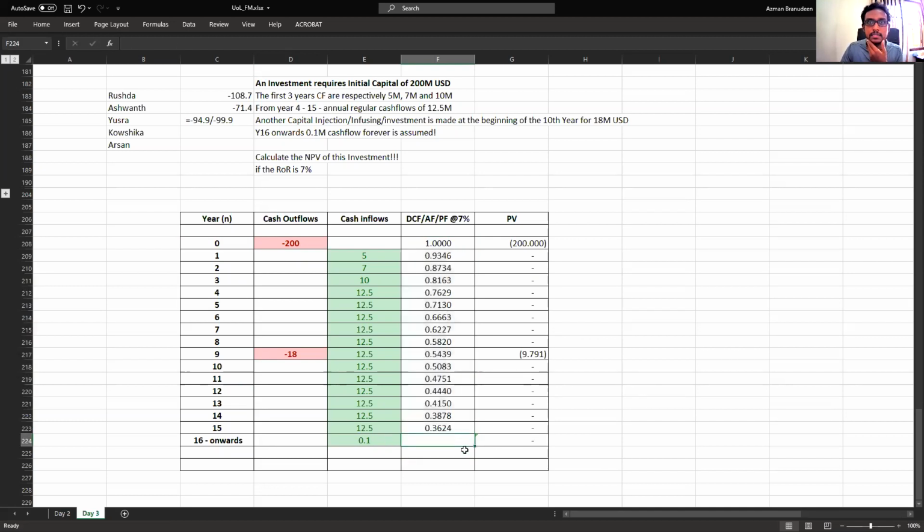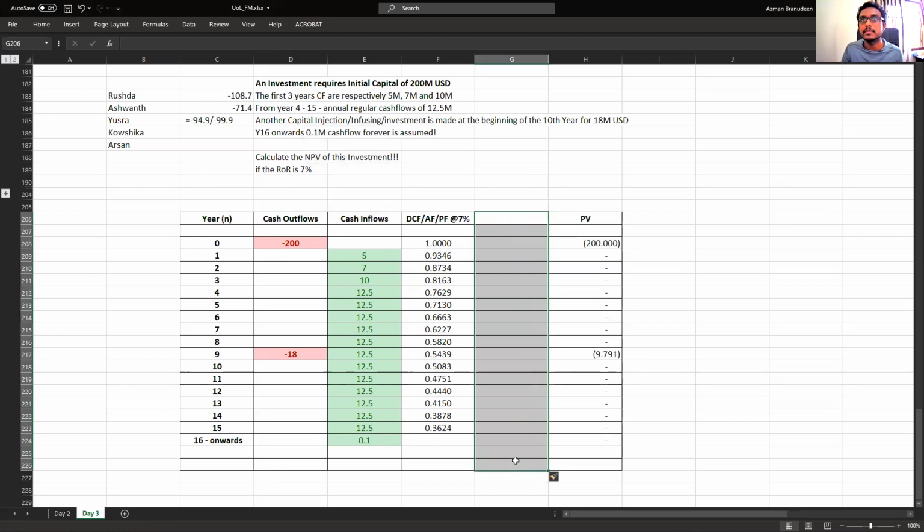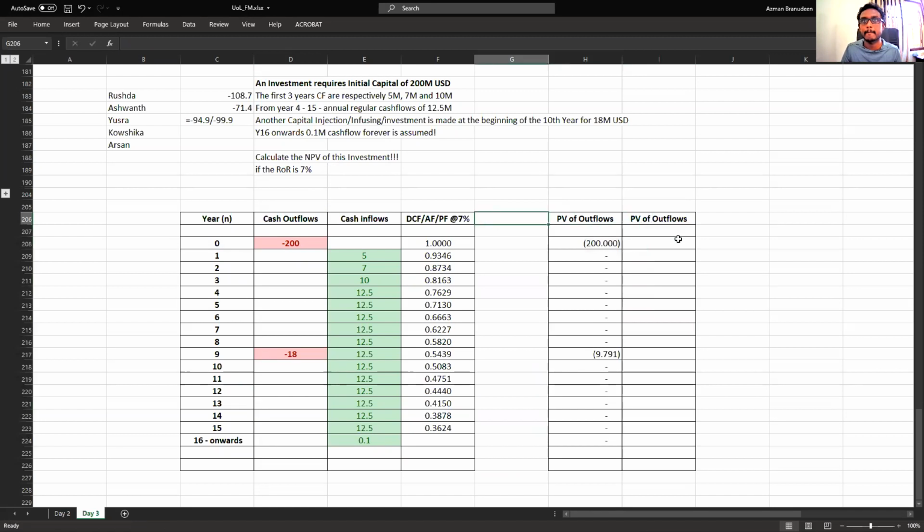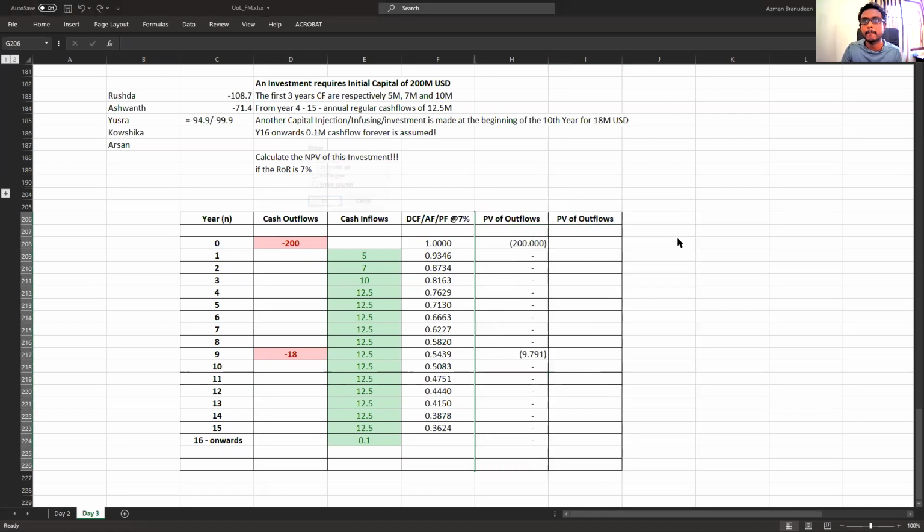So now I have my present value also. Let me present value of inflows, present value of outflows, right?